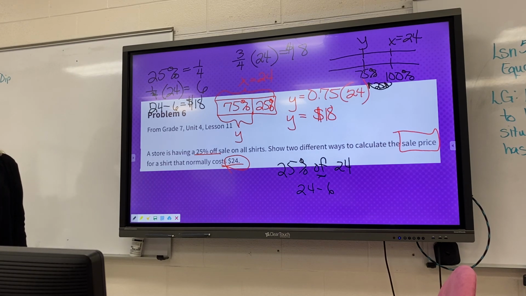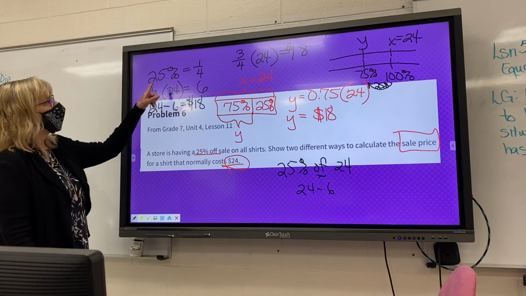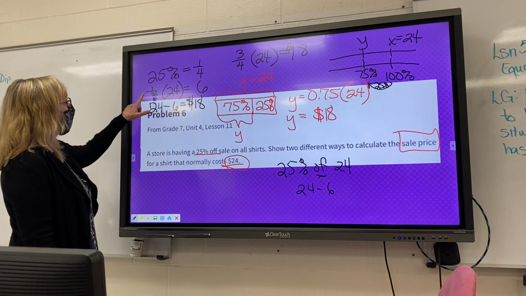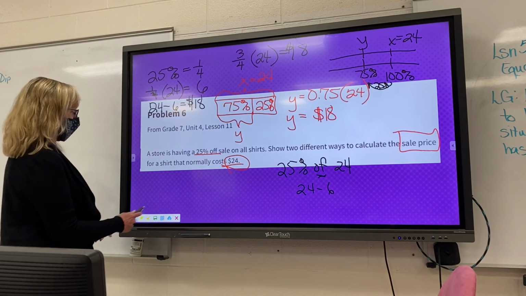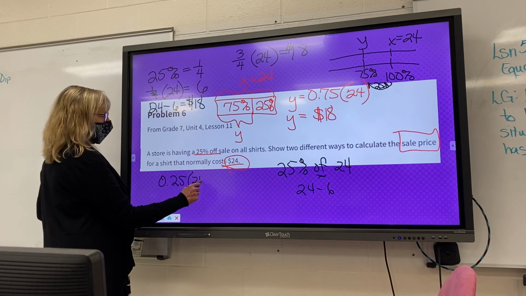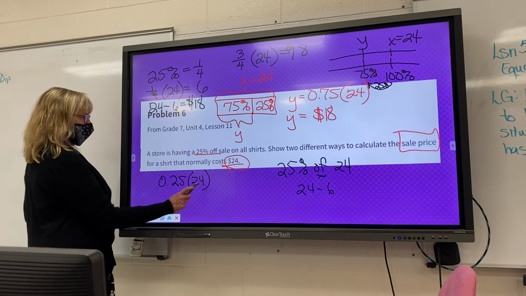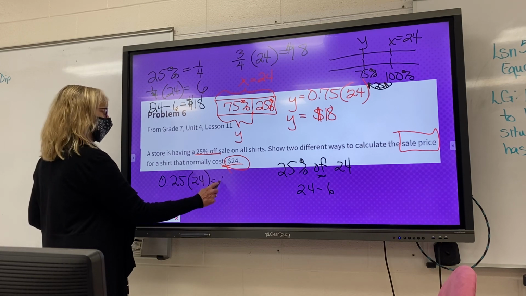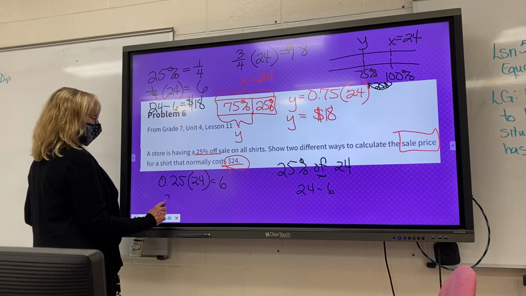When you write a percent, you can put the 0 in front of it, so it could be like 0.25, and then you can multiply it by 24. Okay, we didn't write that one down. So we could do this and then subtract what we get here from here.